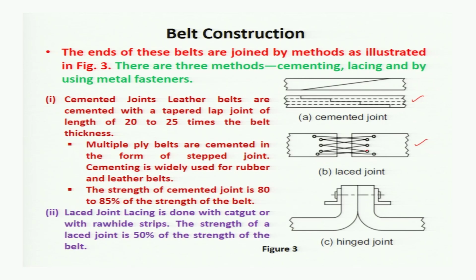Laced joints are done with catgut or with raw hide strips, like this joining. The strength of the laced joint is 50% of the strength of the belt. The strength here is lesser. In the case of the first one, the strength is up to 85% of the belt.